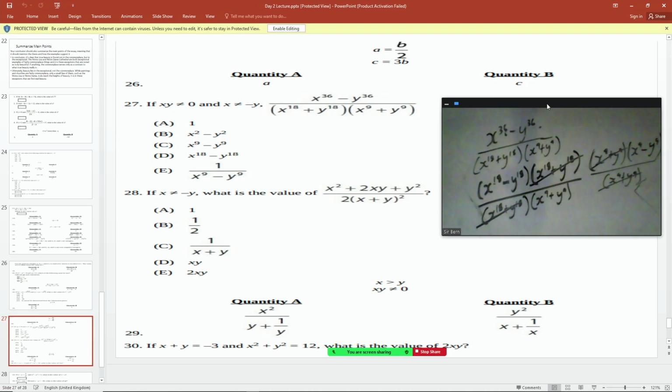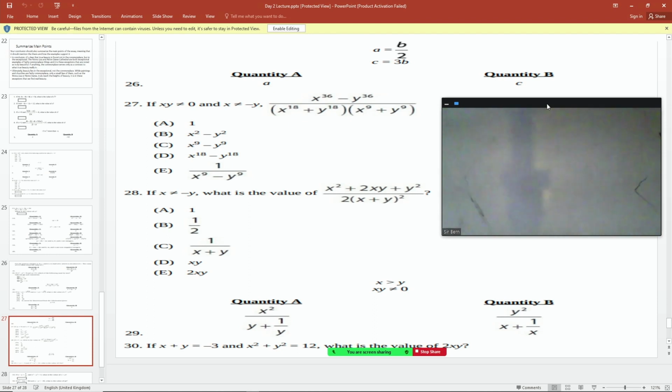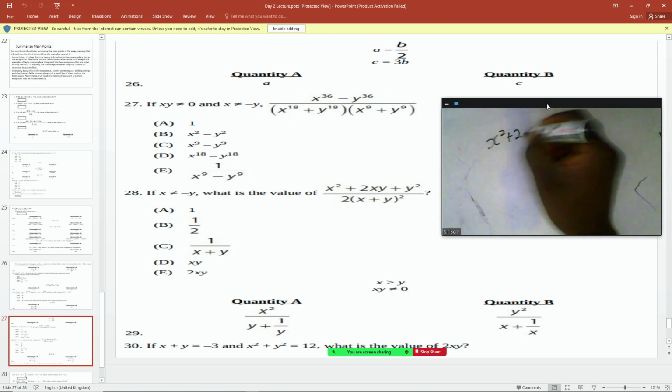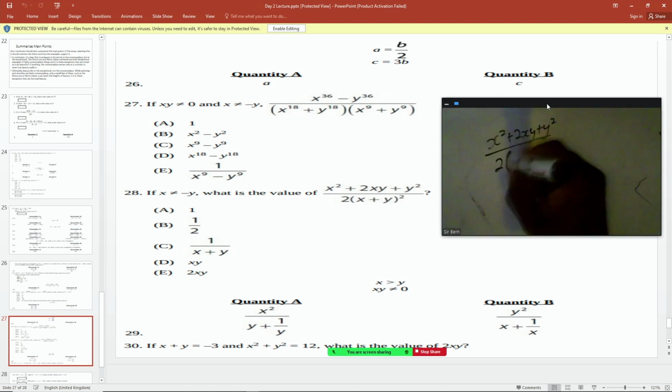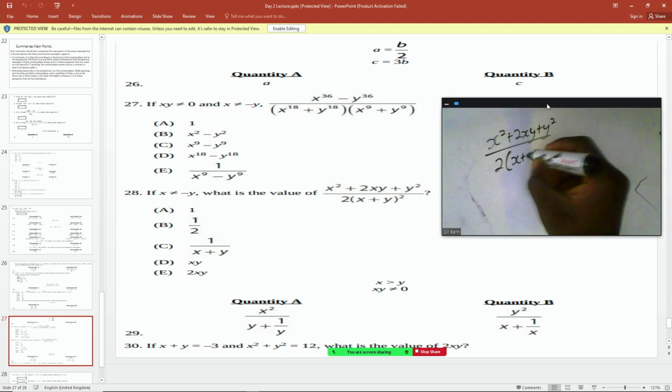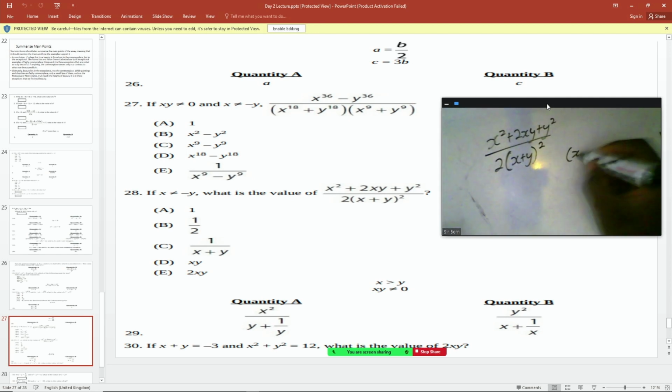Moving on to 28. What we have here is the numerator x squared plus 2xy plus y squared divided by a denominator of 2 into bracket x plus y squared. Expanding x plus y squared will give us x plus y times x plus y.